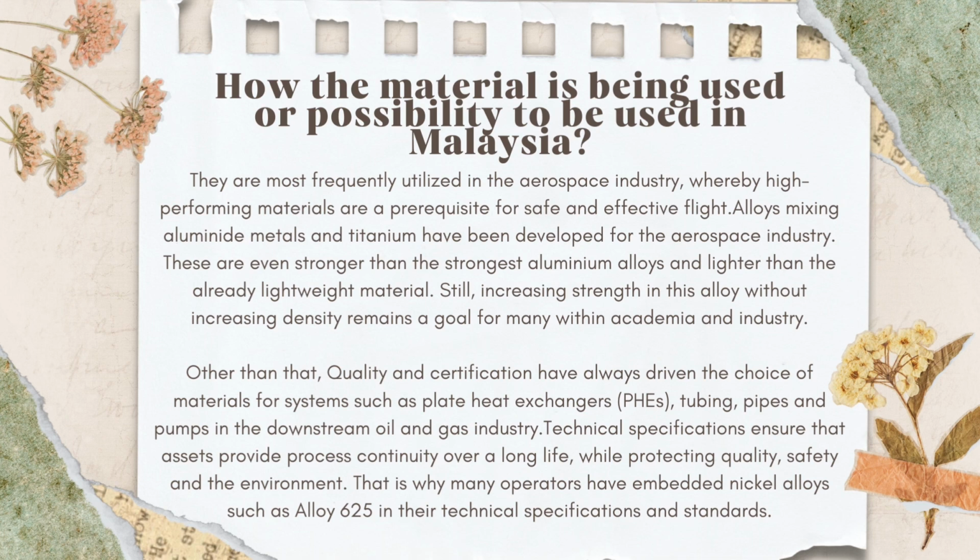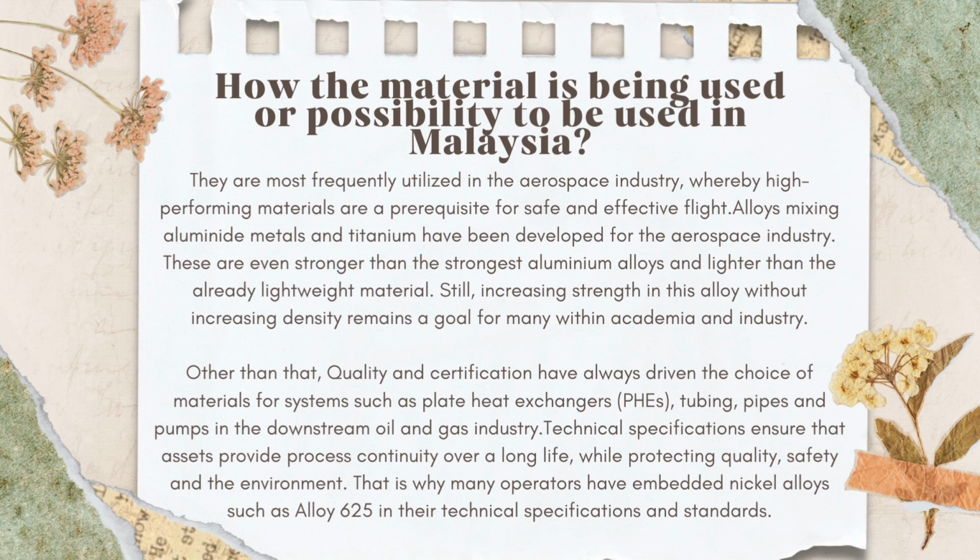Alloys mixing aluminium metals and titanium have been developed for the aerospace industry. These are even stronger than the strongest aluminum alloy and lighter than the already lightweight material. Still, increasing strength in this alloy without increasing density remains a goal for many within academia and industry.